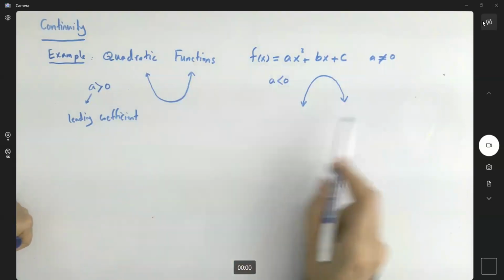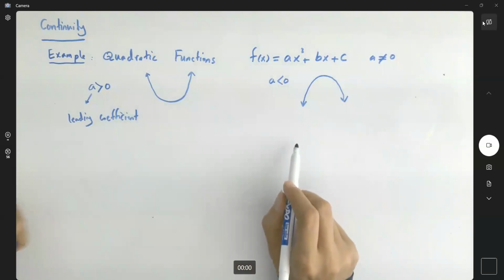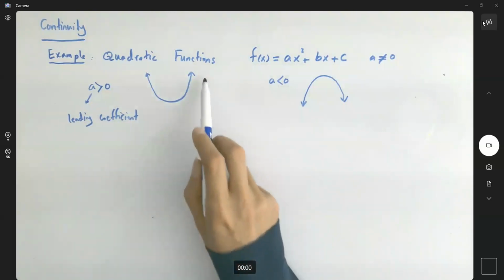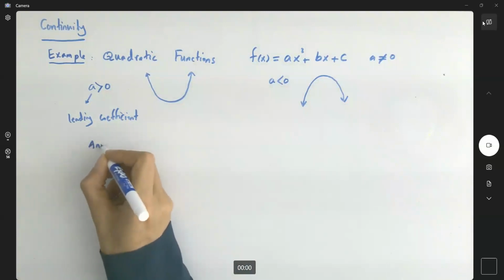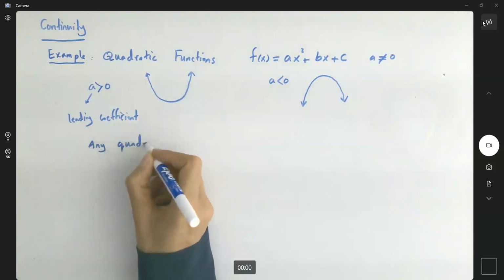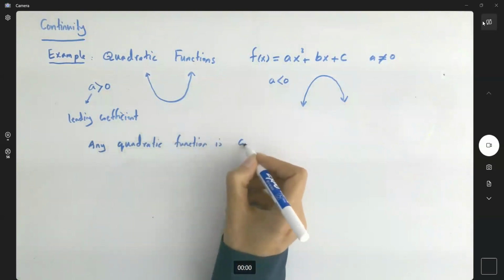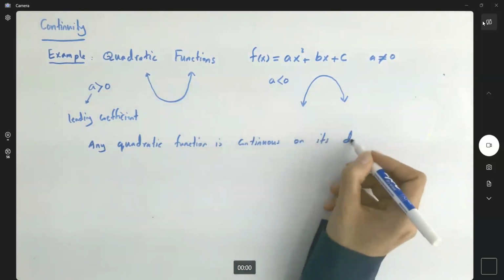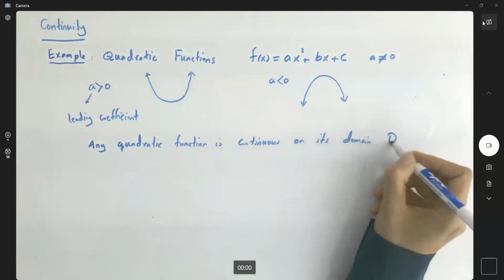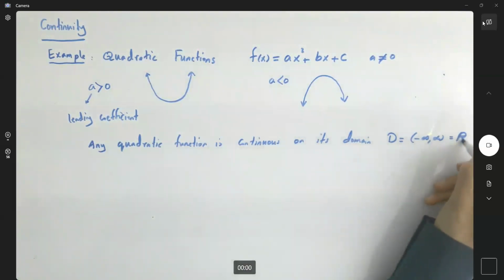In either case, the domain of the function is from negative infinity to positive infinity, or R. And as you can see, the function is continuous everywhere on its domain.